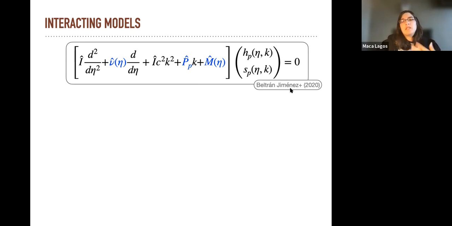What we do is extend and use the same kind of generic formalism to study deviations from GR, allowing for additional interactions. We analyze exactly what happens to the strain and gravitational wave signals when you have interactions, and I will show you one explicit example.